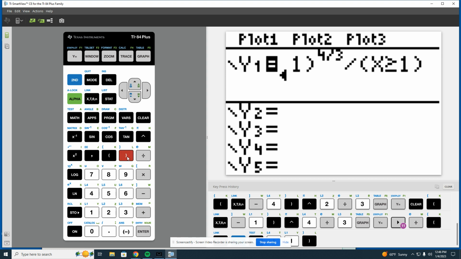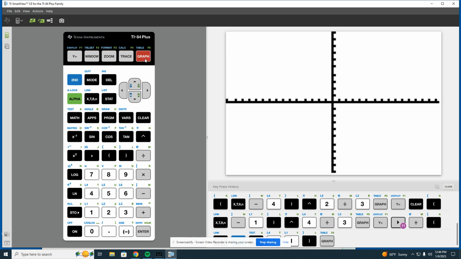So what this did was it took our function and restricted our domain to only the x values that are greater than or equal to 1. Now if I graph it, does it pass the horizontal line test? See that? Okay, so because they limited the domain, we're going to find the what? We're going to find the inverse.